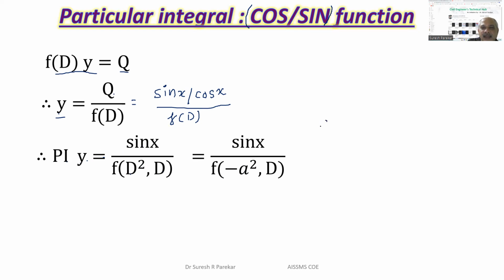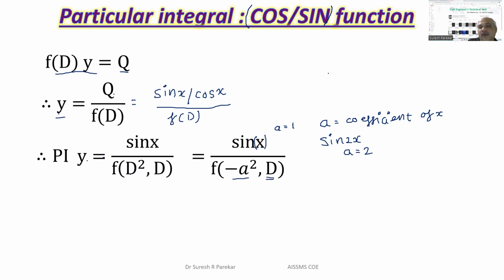What is a? A is again the coefficient of x. Here we have only sine x, so my value of a is 1. If I have sine 2x, then my value of a is 2. And then D square is replaced by minus a square, and D remains as it is.